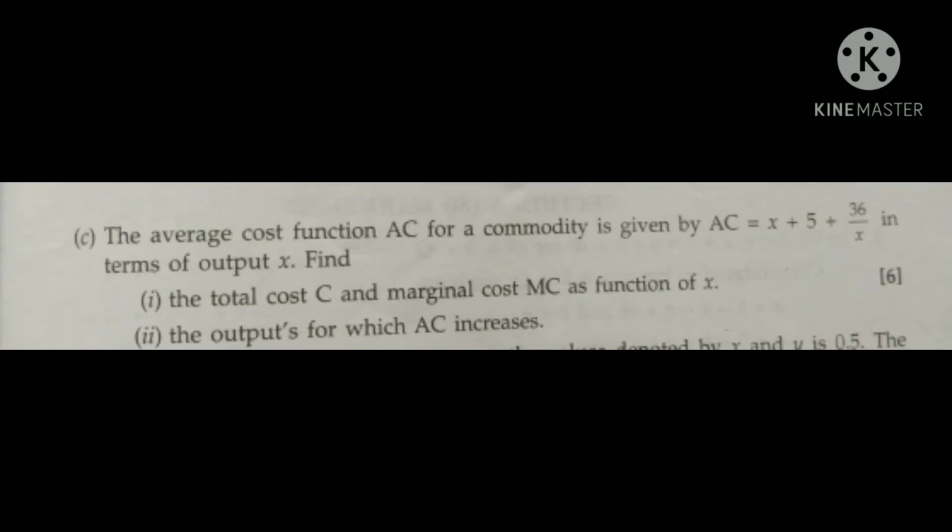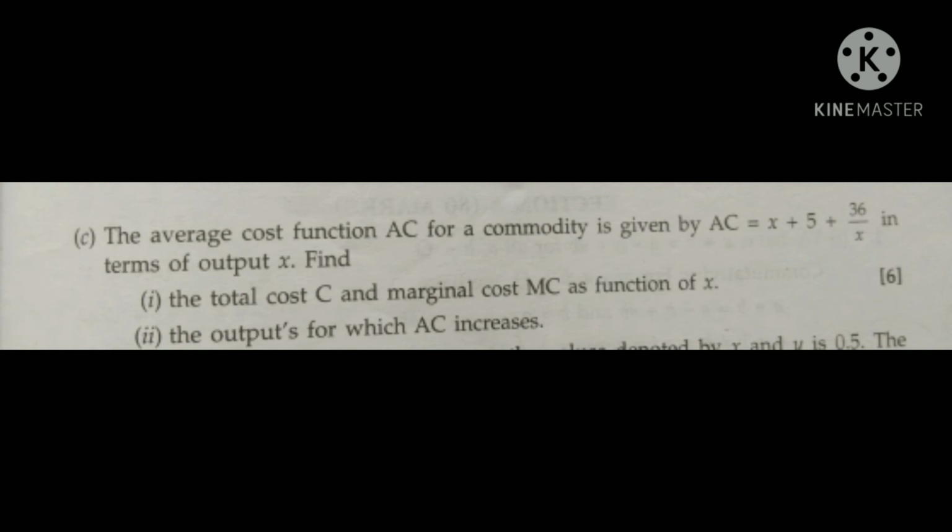Now in this sum, the average cost function is given. Find the total cost and marginal cost, and also where average cost is increasing. So we know that total cost is equal to average cost function into total number of commodities. So C of x is equal to number of units into average cost.